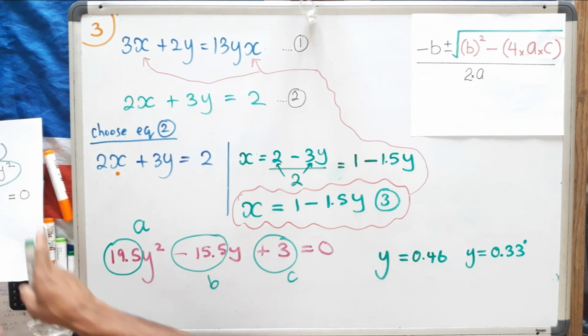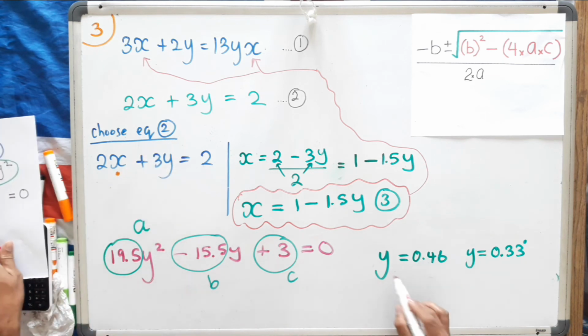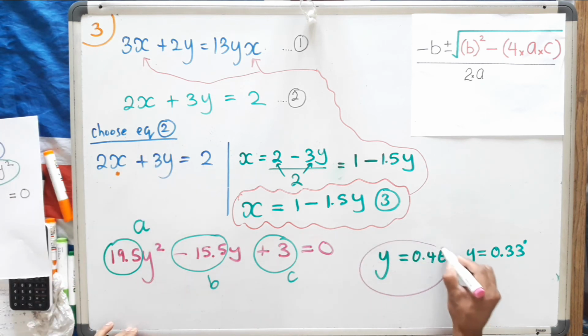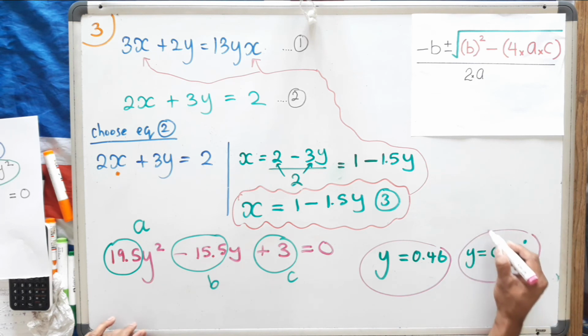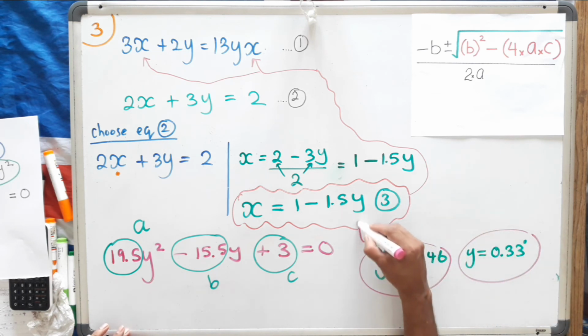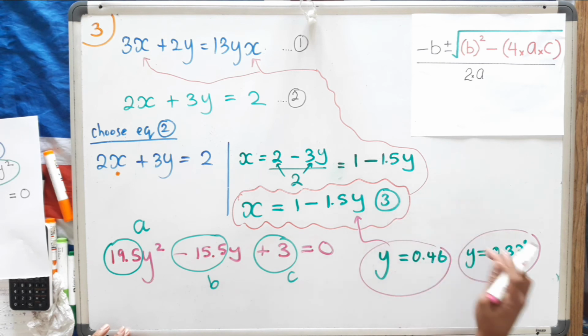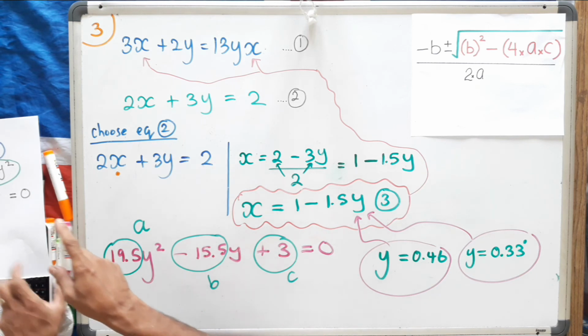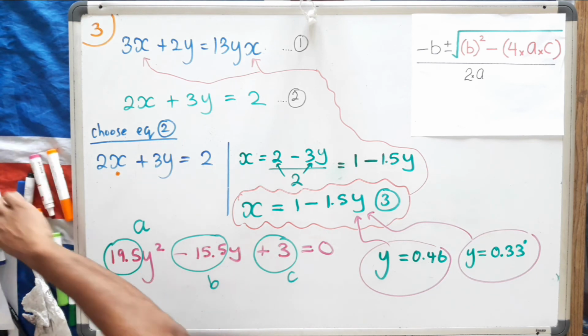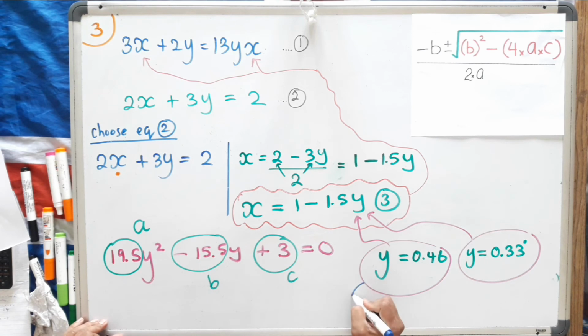Now we need to get two answers for x. So when we get our first answers, we have to run back to which equation again, guys? Equation 3. Replace y with 0.46 and then replace y with 1/3. All right. Let me see if I get a marker, a really good marker here. All right.